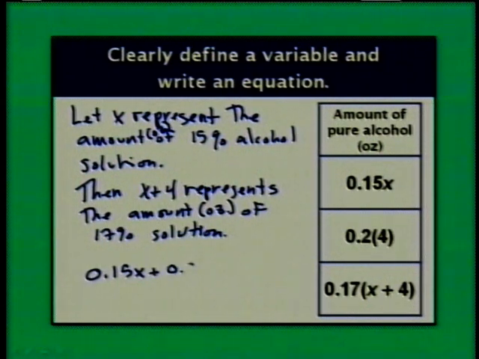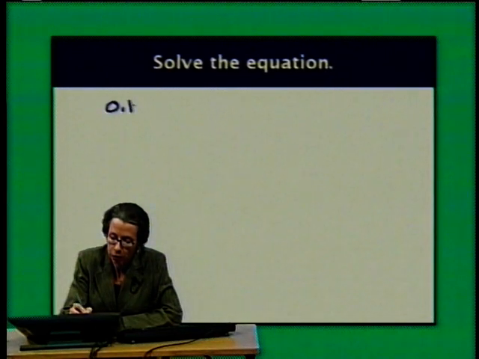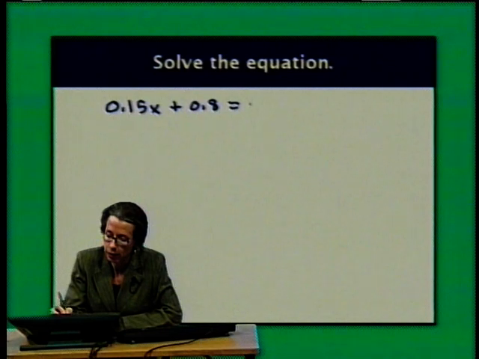We already determined that was 0.8 of an ounce. That has to equal 0.17 times the quantity X plus 4. We now have an equation that we can solve. So our equation is 0.15x plus 0.8 equals 0.17 times the quantity X plus 4.